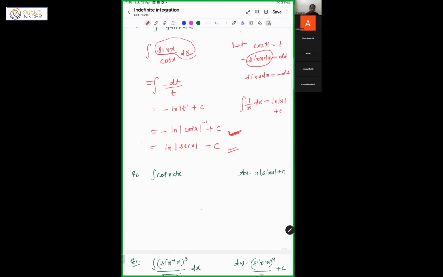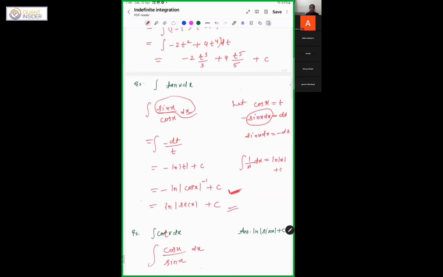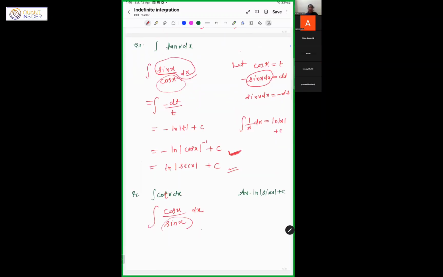Similarly you can do it for cot x. So cot x is what? Cos x upon sin x. As we did in case of tan x, where the denominator was taken as t, similarly you can take sin x as t and you will get the answer. So I'm not doing it, you can try it by yourself.